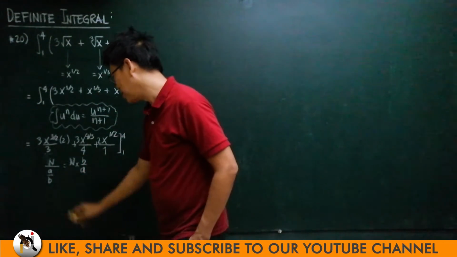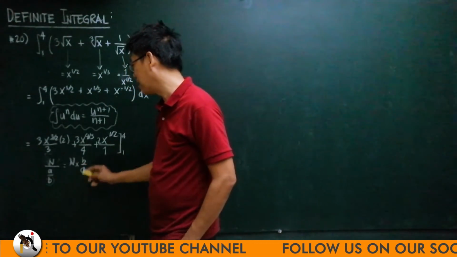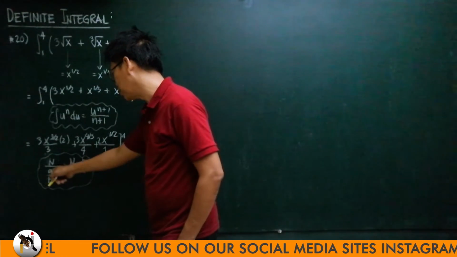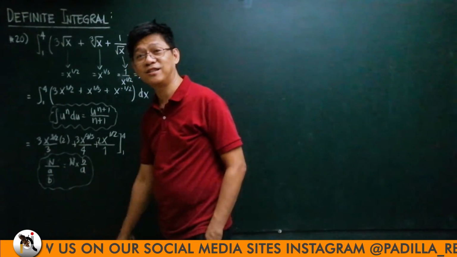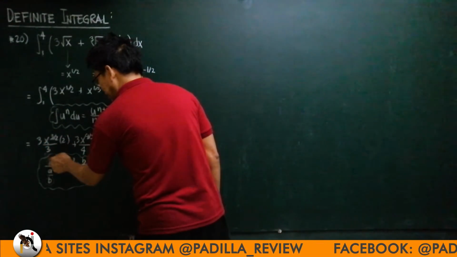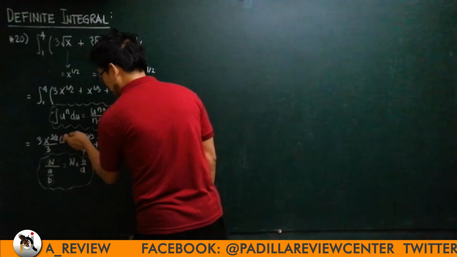Right? So that's why I write the b on top. So that is a mathematical shortcut for the simplification of this to this. You get it? Okay. So that's why x to the 3/2 over 3/2 is the same as x to the 3/2 over 3 times 2.